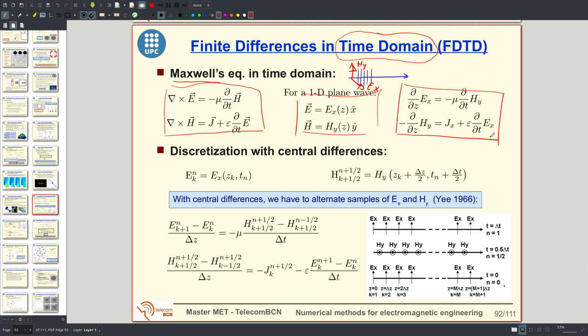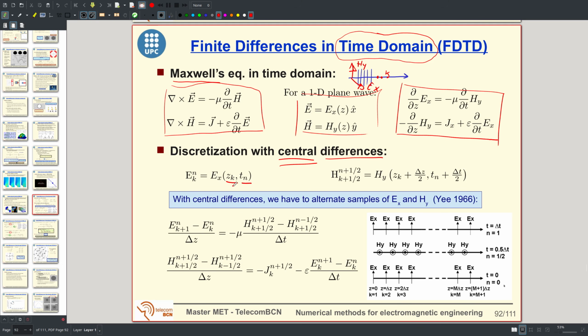that we can easily discretize. To discretize them using central differences, remember I told you that it's important to use central differences because they give the best approximation of the derivative. We sample the electric field along the z-axis at points k, and in time at points n.